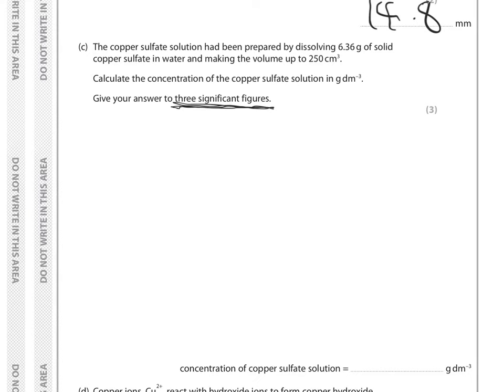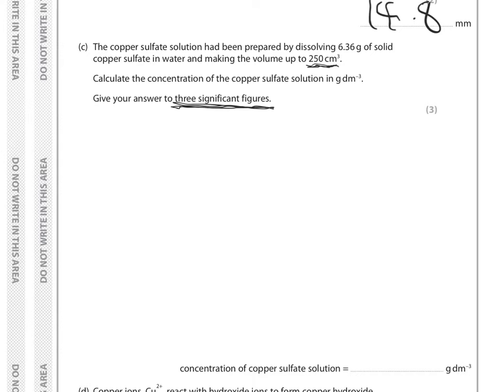Now, I've got the grams, and I need to divide that by the decimeter cubed to get grams per decimeter cubed. The concentration is the number of grams divided by the volume in decimeters cubed. The problem here is that I've got a volume but in centimeters cubed. So the first thing I need to do is convert the volume into decimeters cubed, and there are 1,000 centimeters cubed in 1 decimeter cubed.